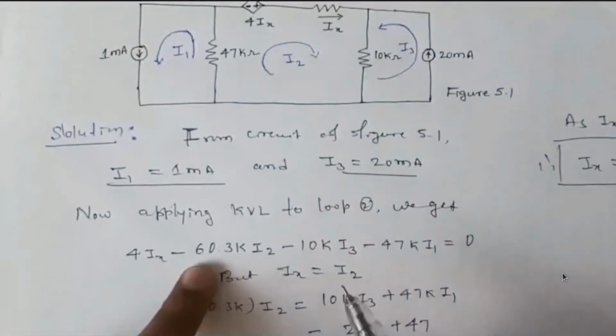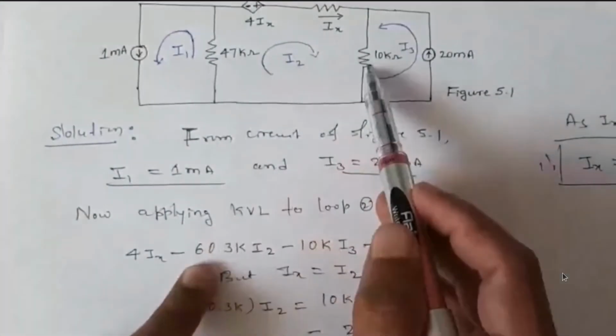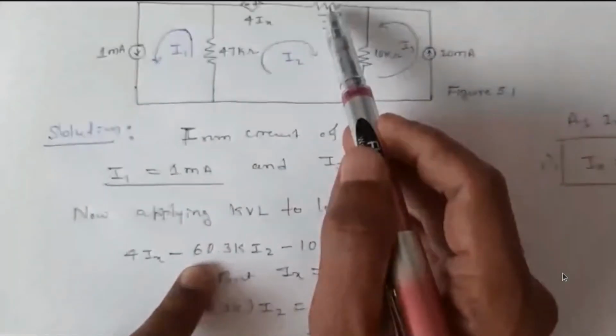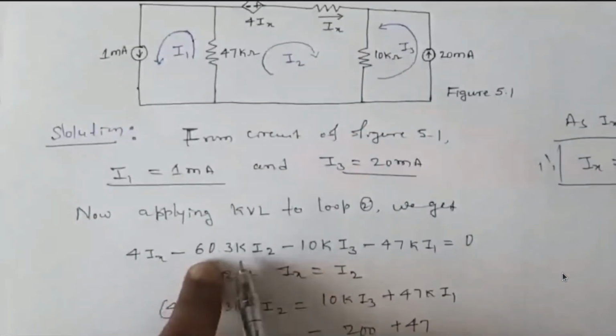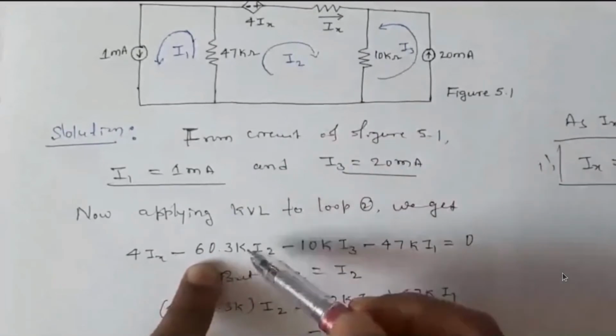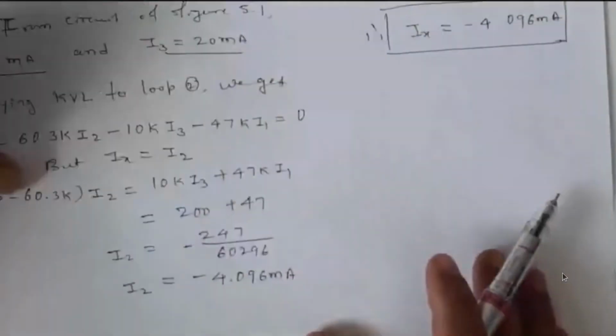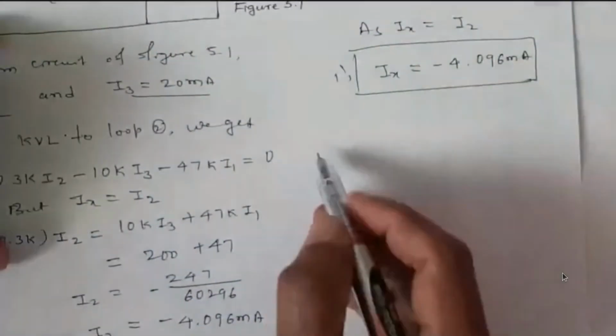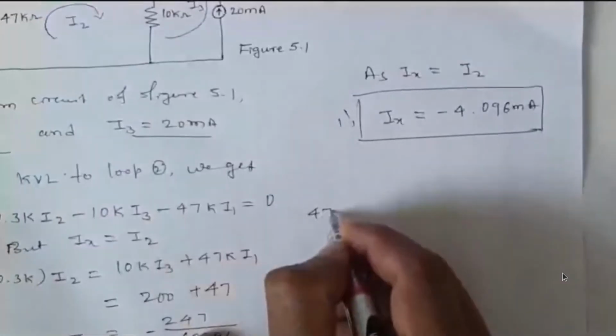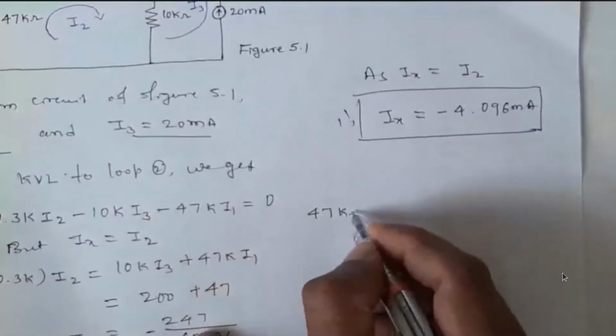This is 47 plus 10 is 57 plus 3.3k is 60.3k. Otherwise you will need one more step. Even this you can write something like this if you want. I had told this earlier, for example, 47 kilo into I2.